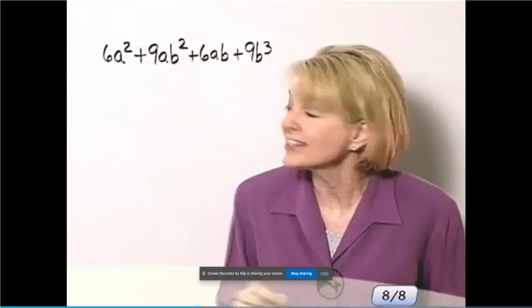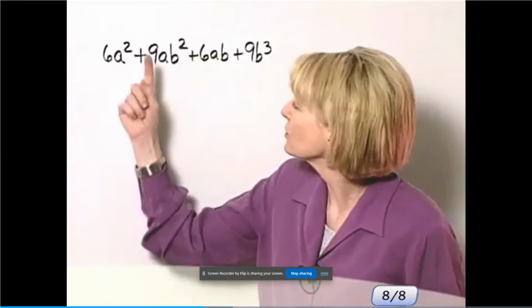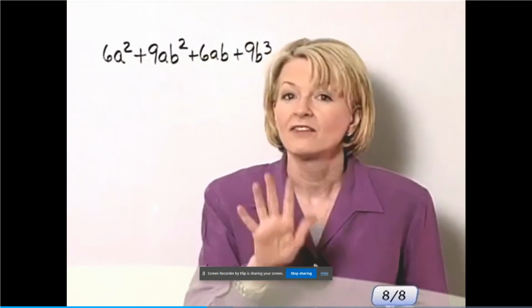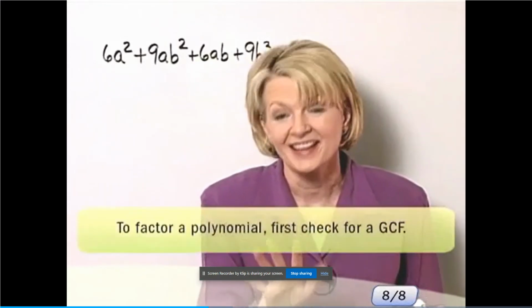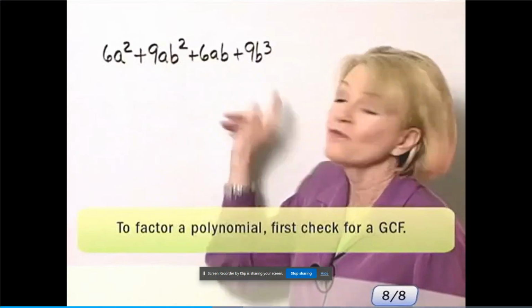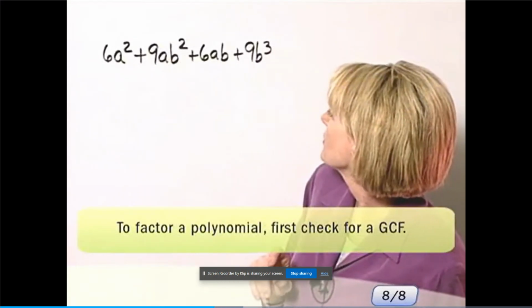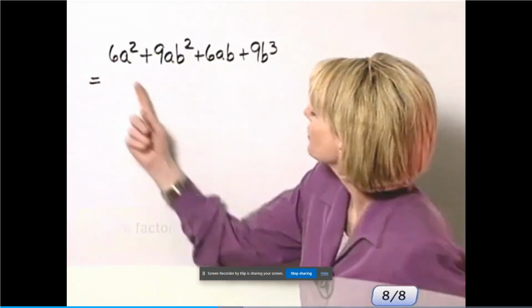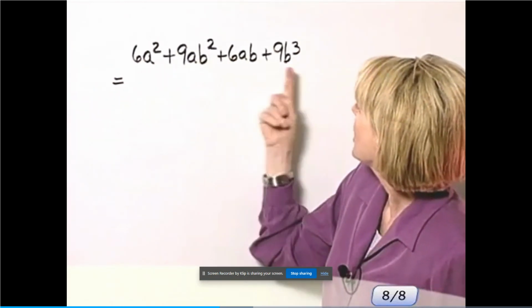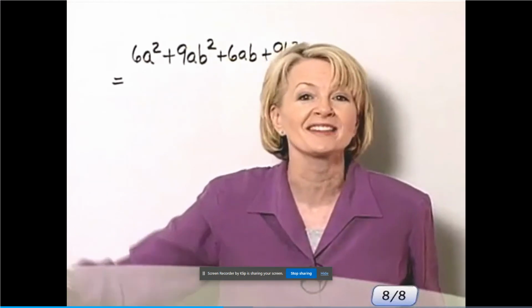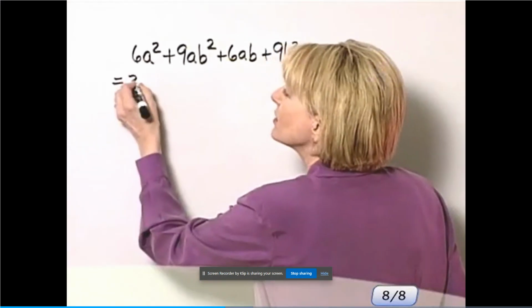Let's try these steps as we try and factor this four-term polynomial by grouping. First, don't forget, is there a common factor common to all four terms? Actually, there is, isn't there? There's a common factor here of 3 common to all four terms. So let's first just factor out that greatest common factor of 3.